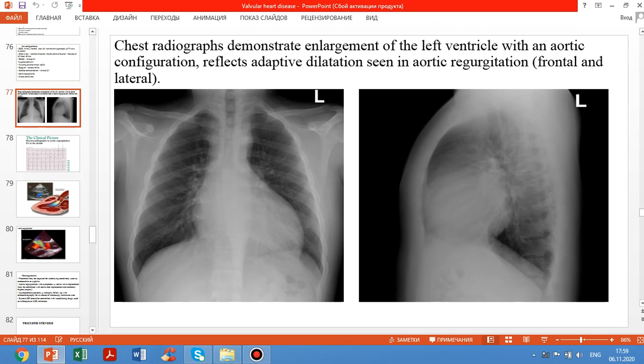In this slide, you can see chest radiographs demonstrating enlargement of the left ventricle with an aortic configuration, reflecting adaptive dilation seen in aortic regurgitation, frontal and lateral view.